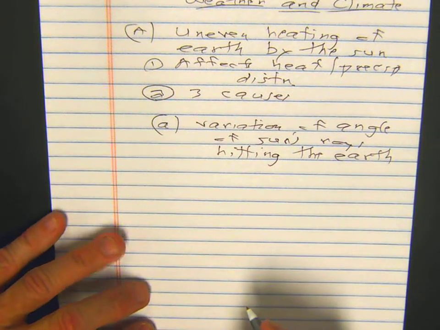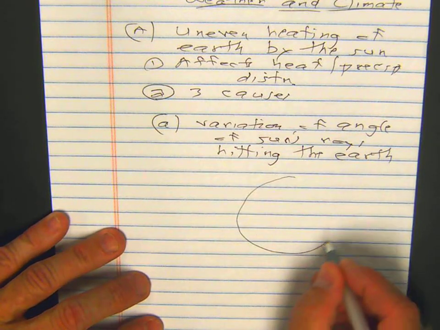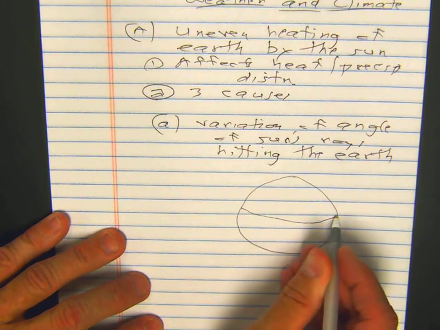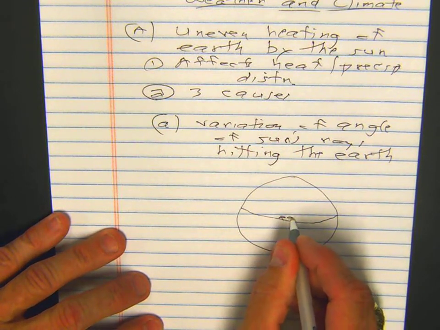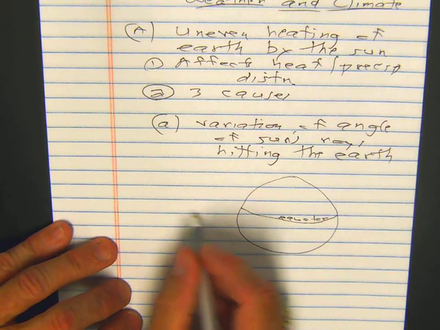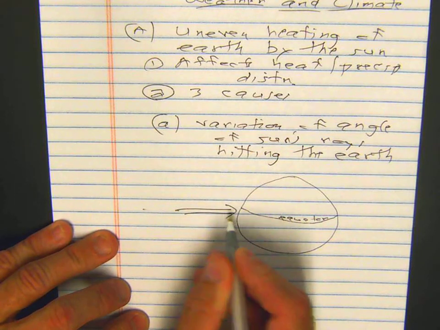If I was going to draw something like this, just a little abbreviated, here's my equator. Here's the Earth. And the sun's rays are coming in like so.